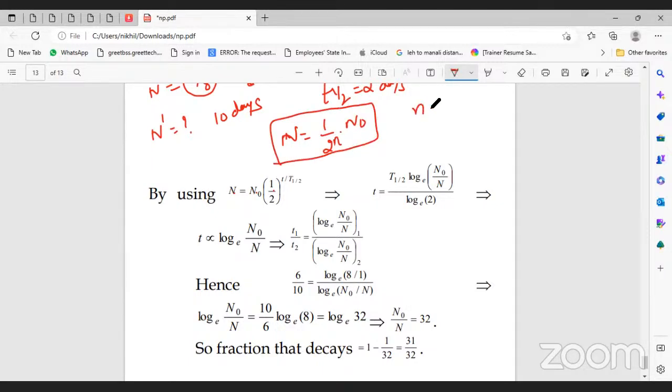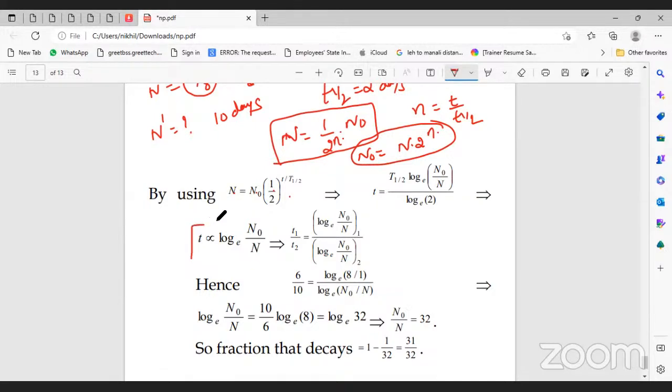What does this n represent? Total time divided by half-life. So that I am substituting here. So N naught is N into 2 power n. So n is T by T half.